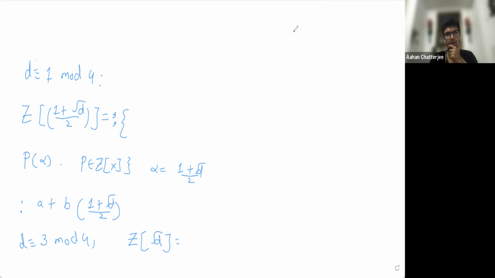And so this basically motivates us to ask the question. So say you have a field K, such that it is a finite extension of Q. So the degree of K upon Q is n, less than infinity. Then what is O_K?